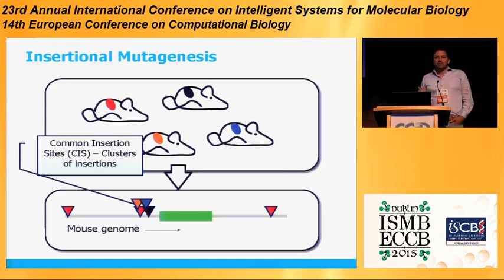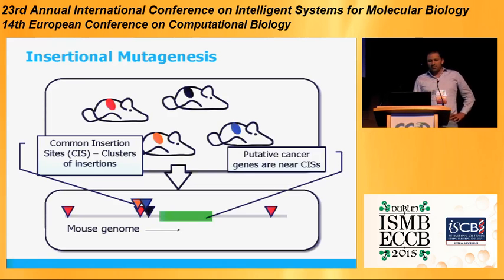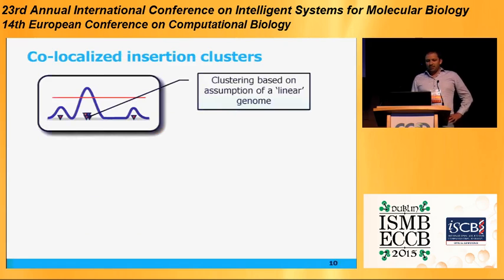And they represent the driving insertions, and there is apparently selective pressure on having insertions in this locus. And that's how we can distinguish them from these background insertions. And now we can look in the vicinity of these common insertion sites to determine the target genes of these integrations.